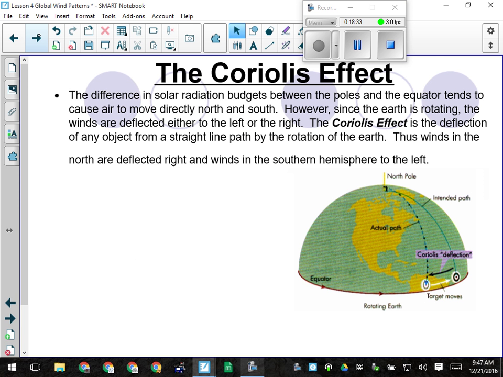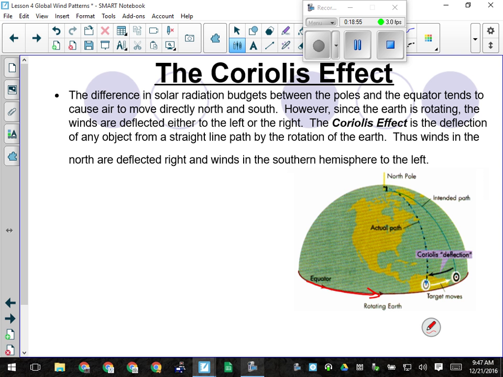All right. Now, the Coriolis effect. The Coriolis effect is what happens to an object trying to move in a straight path on a curving or rolling surface. With the Earth, the Earth is spinning this way, so you can see the red line down here at the equator indicating that.